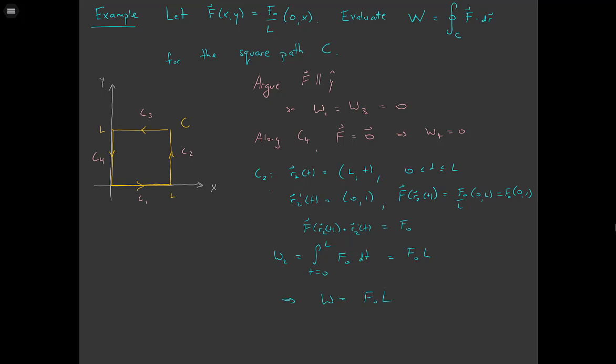I used just about every trick I know to simplify the amount of work involved, but it was still a non-trivial problem. Now, what I'd like to show you is how we could solve this problem using Green's theorem.